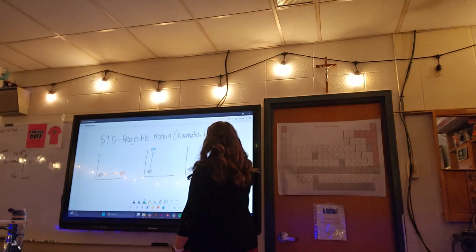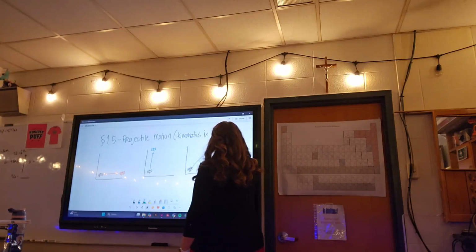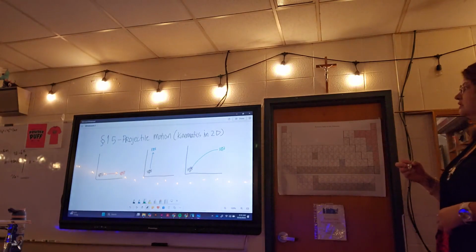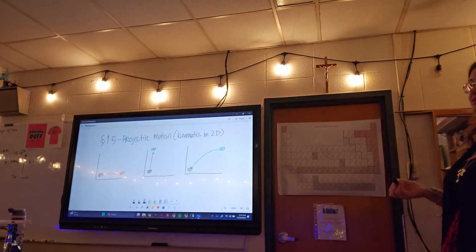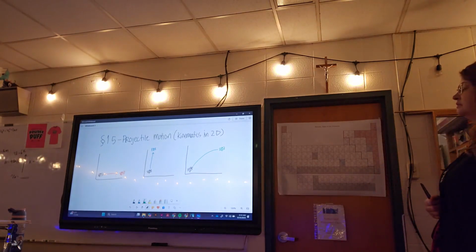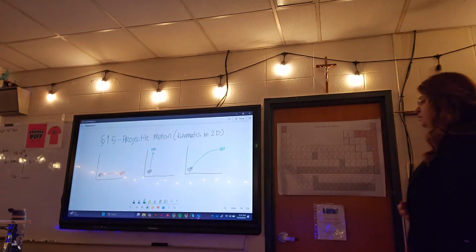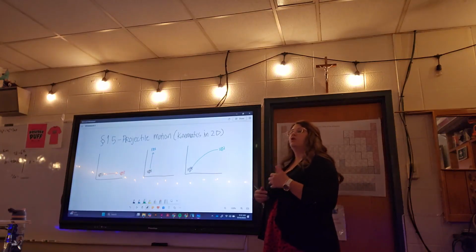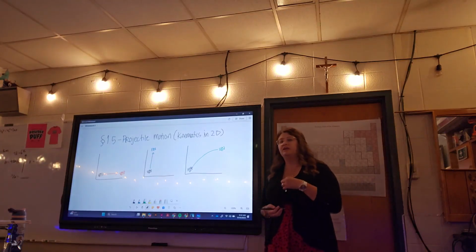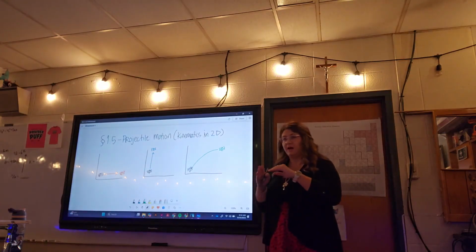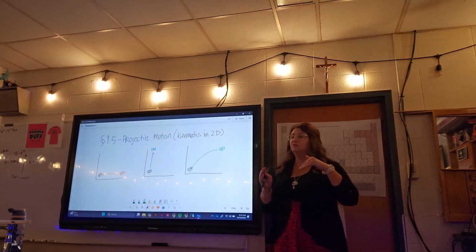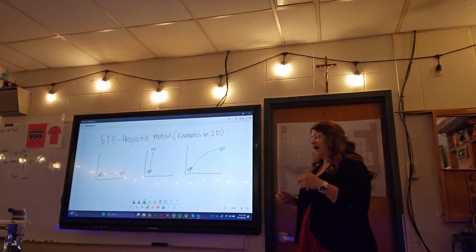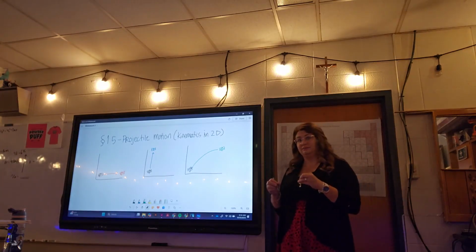And so when you are combining the motion of vertical and horizontal, your path looks something a little bit more like this. So what we have to do when we have projectile motion problems, or anything that's launching or taking off from a location where you're having that combination of vertical and horizontal movement in one fell swoop, you have to look at the motion independently.